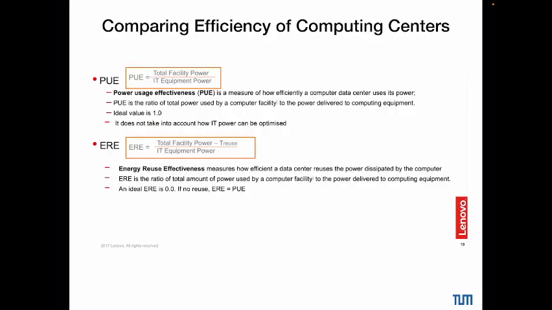And so there is a very important metric to compare data centers. It's the PUE, the power usage effectiveness. And that is used to compare the data centers. And the lower, the nearer this value is to 1, the better, right? So what is the PUE? It's the total facility power, so all the energy going into the data center, divided by the IT equipment power.